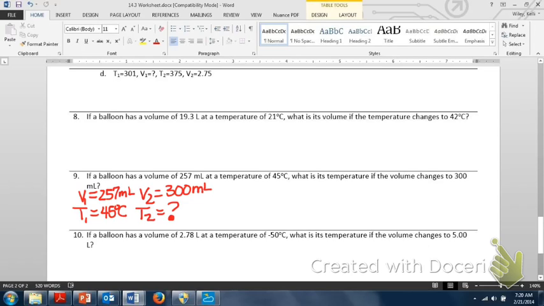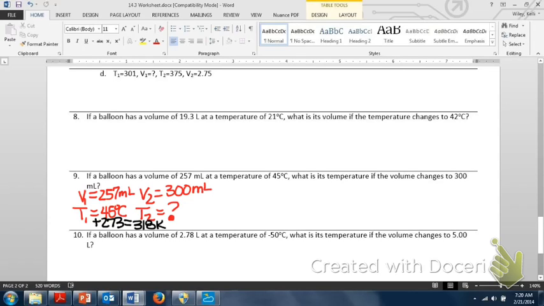For this one, you could keep your milliliters the same, that's fine. But you do have to change your temperature, which means you have to add 273 to this. So that's 45 plus 273, which is 318.